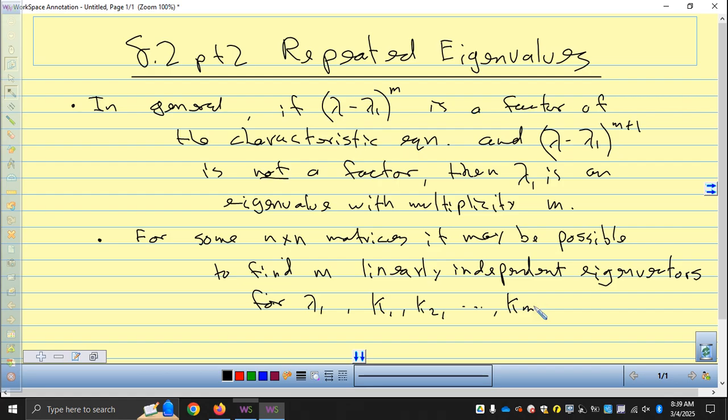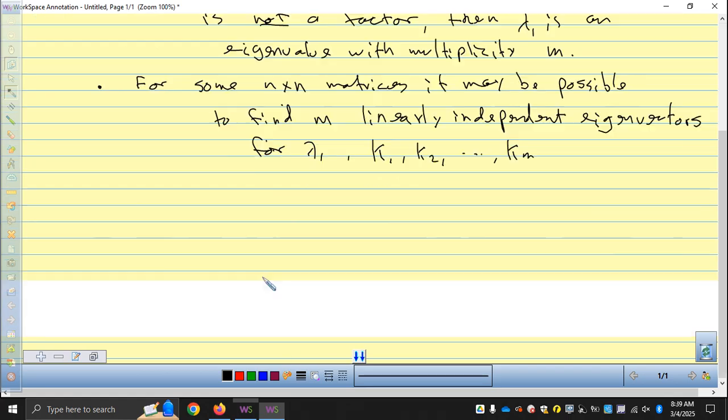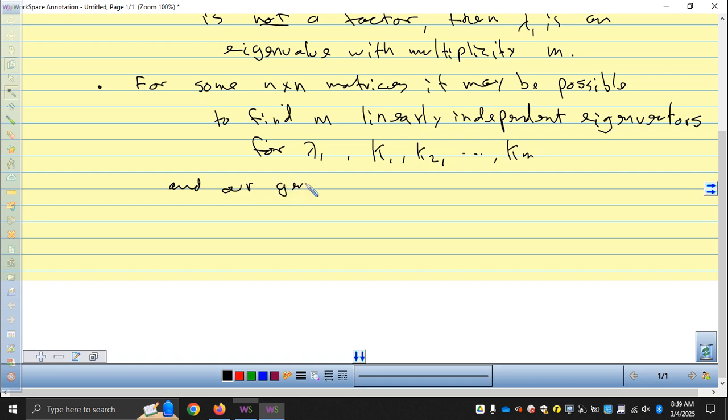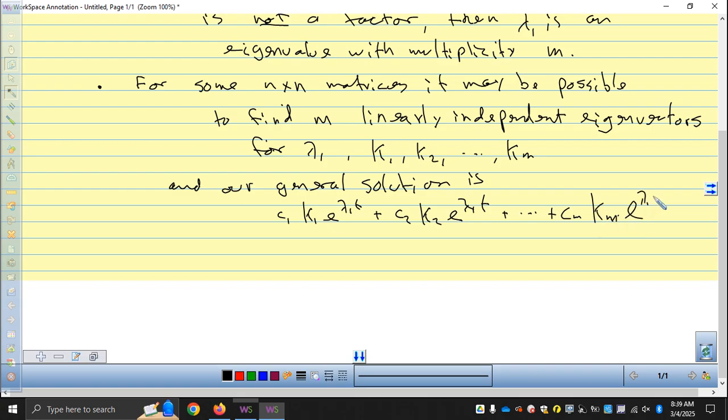and then our general solution is just C1 K1 e to the lambda 1 t plus C2 K2 e to the lambda 1 t plus dot dot dot plus C sub m K sub m e to the lambda 1 t.